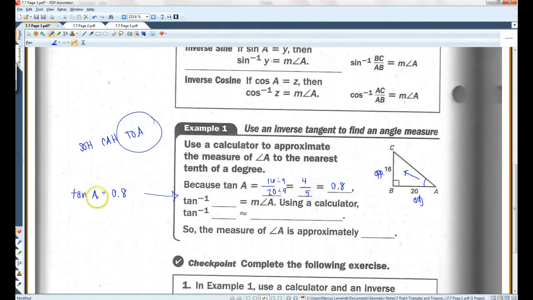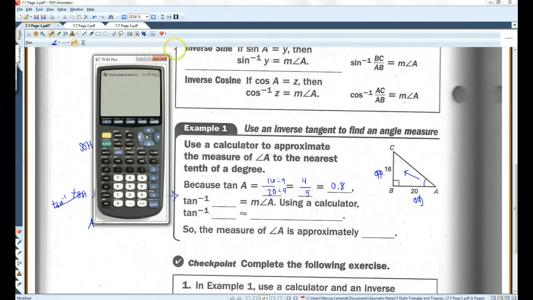But I don't want tangent of A, I want A. So how do I get rid of tangent? This is what you do. You're going to take inverse tangent of both sides. Inverse tangent cancels out the tangent, and now all you're left with is A. So you just have to find inverse tangent of 0.8.